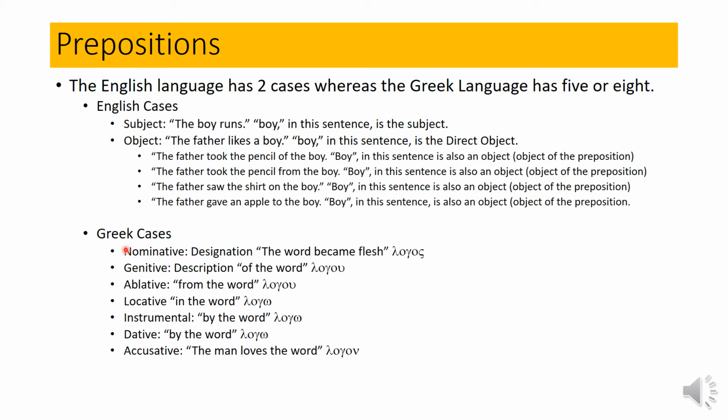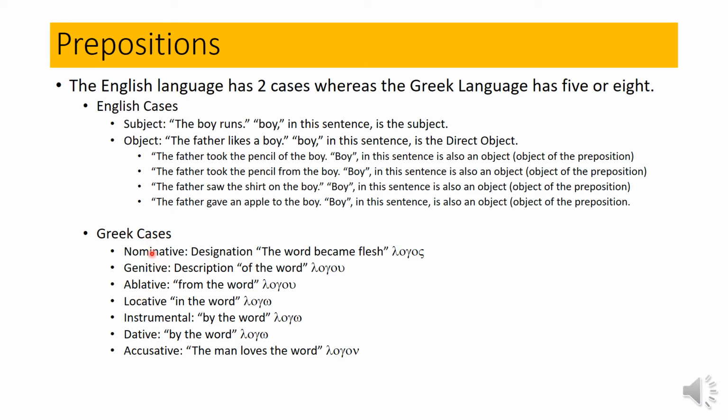Or 5 cases, nominative, as you know by now, genitive and ablative have the same endings in Greek. We'll see that in a moment. Locative, instrumental, dative is the same ending, so that could be one case in Greek and accusative. So 1, 2, putting those together, 3, putting these 3 together, and 4, and then the vocative is 5 cases. So 5 or 8 case system, doesn't matter.